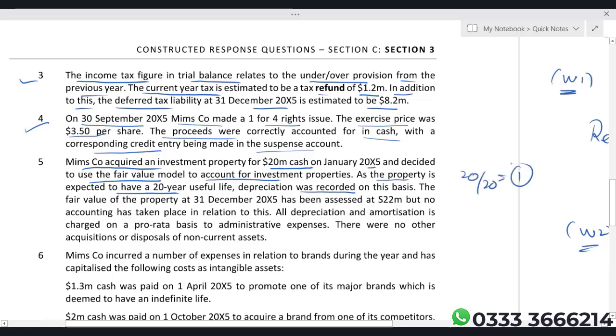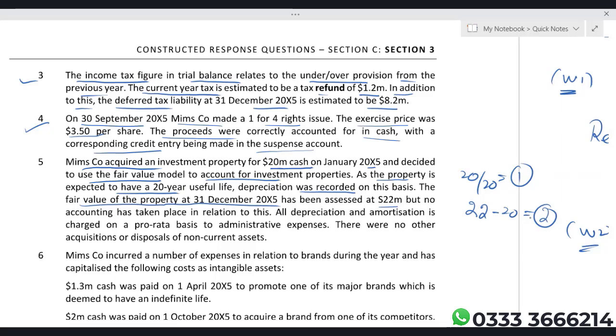They have recorded the depreciation of 1 million, so we have to remove that. The fair value of the property at December X5 has been assessed at 22 million. So logically, fair value is 22. You bought it for 20. So you should have recognized the gain of 2 million rather than depreciation of 1 million.